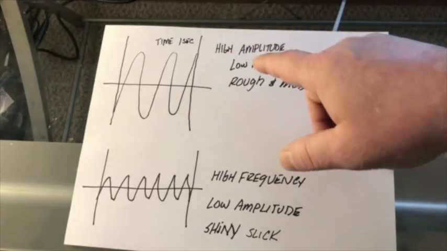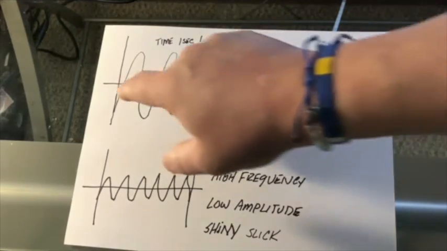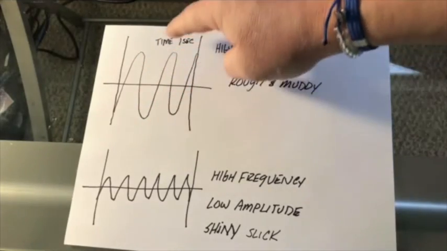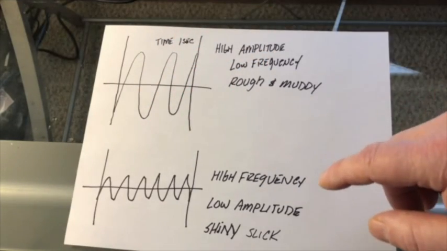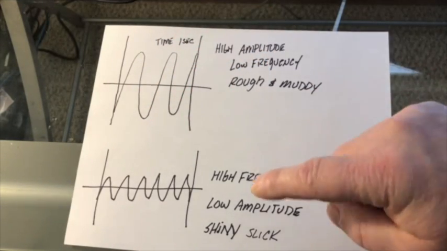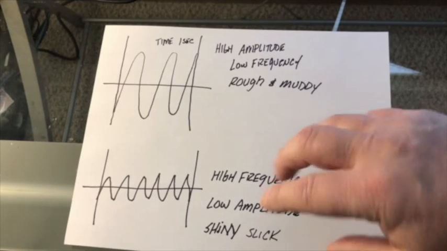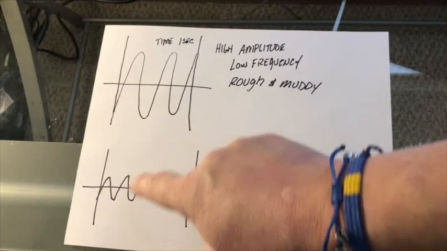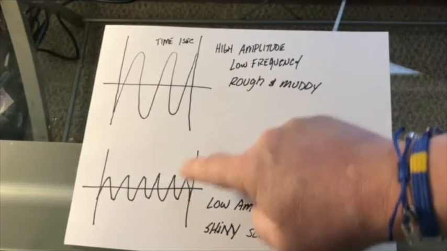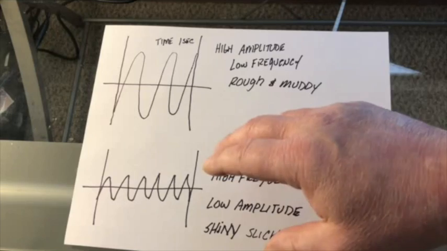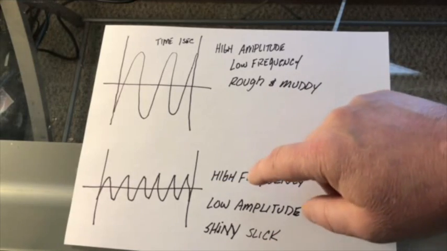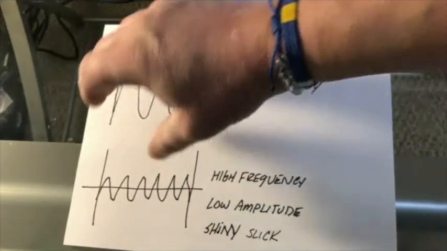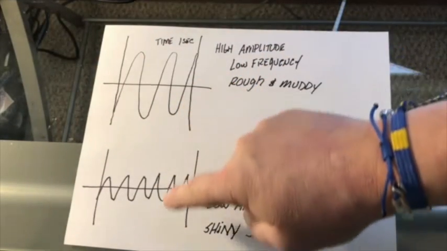On a high amplitude, low frequency, the distance it's going to travel will be high. On a high frequency, low amplitude, like a slick, shiny track, the tire and axle travel at a higher frequency, but it will be the same time. It just won't be as tall.